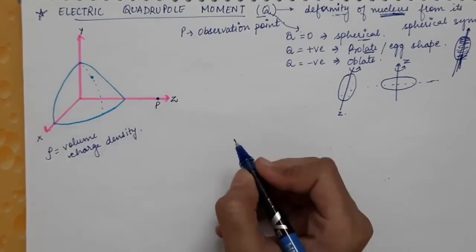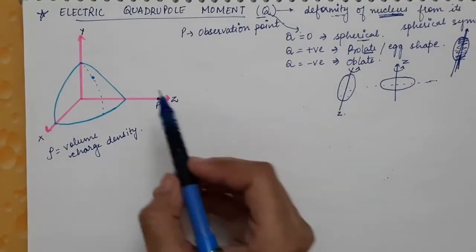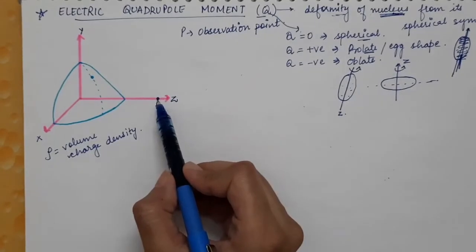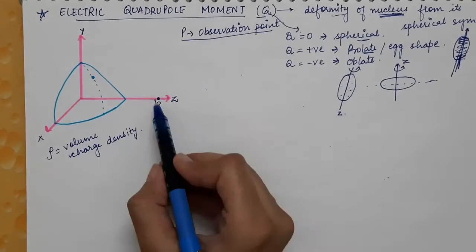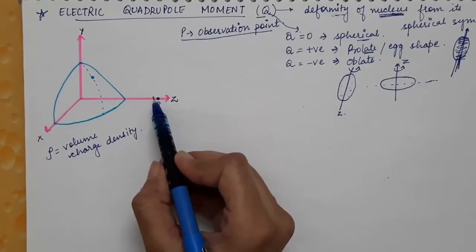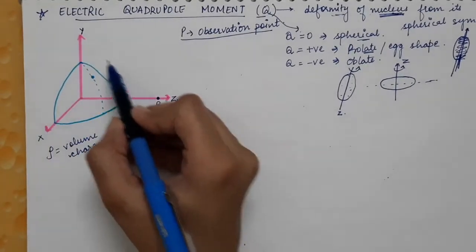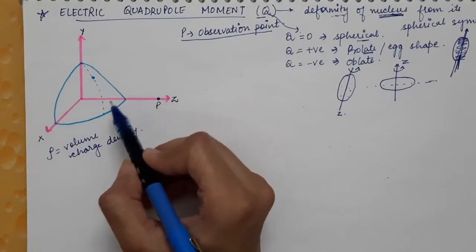Rho is the volume charge density of this charge distribution. Now we are taking a particular point, capital P, the observation point, where we will be finding the potential due to this whole charge distribution, which is non-symmetrical.